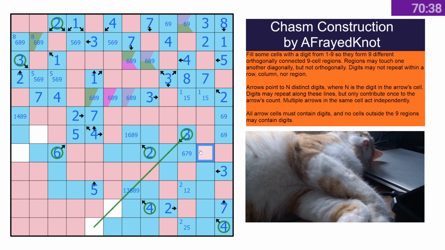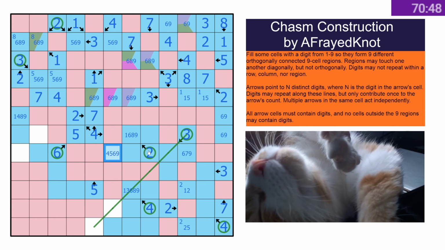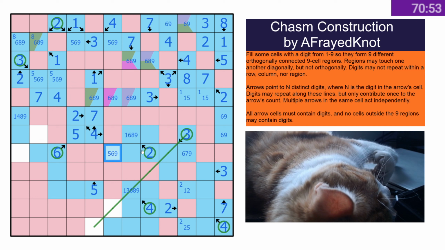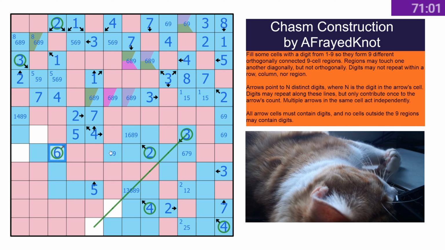Because that one can't be pink. That's either 2, 4, 5, 6, or 9. It's not 2. It's not 4 either. So we get some more stuff that are the same, like those two cells are now the same. And they're not 6s. And that's not a 6 either.